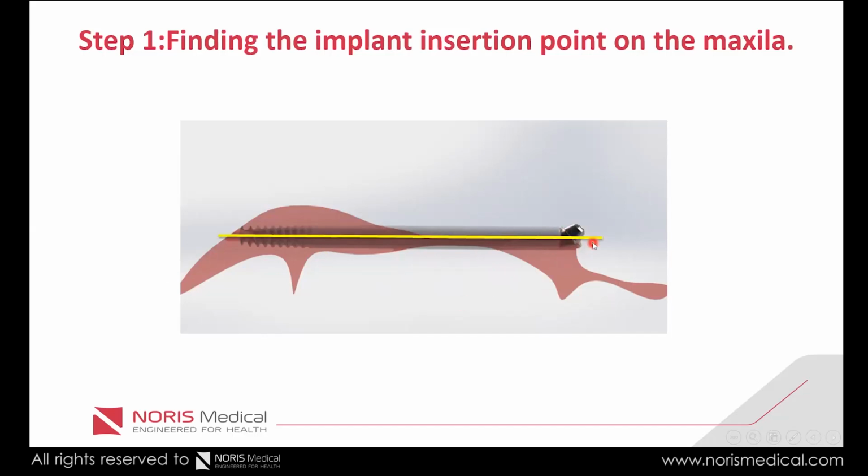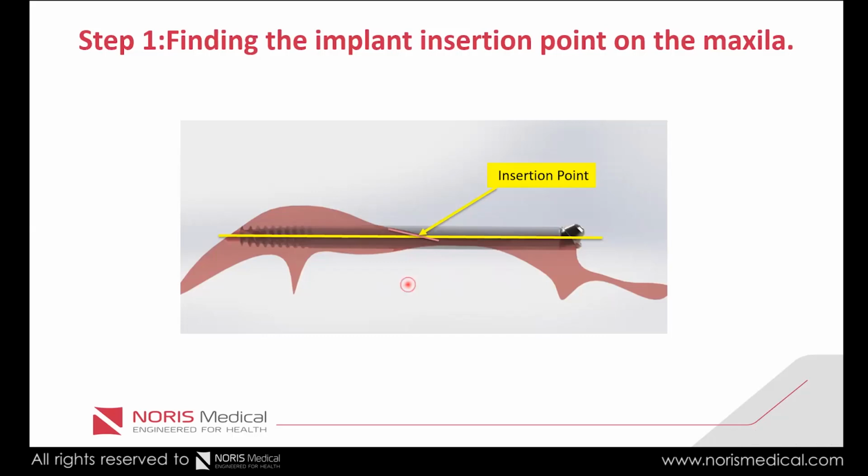So this is a central line of the implant. As I said, this is where the entering point would be, the point where the center line crosses the bone. The entering point would be here. This is the insertion point that we're looking for.